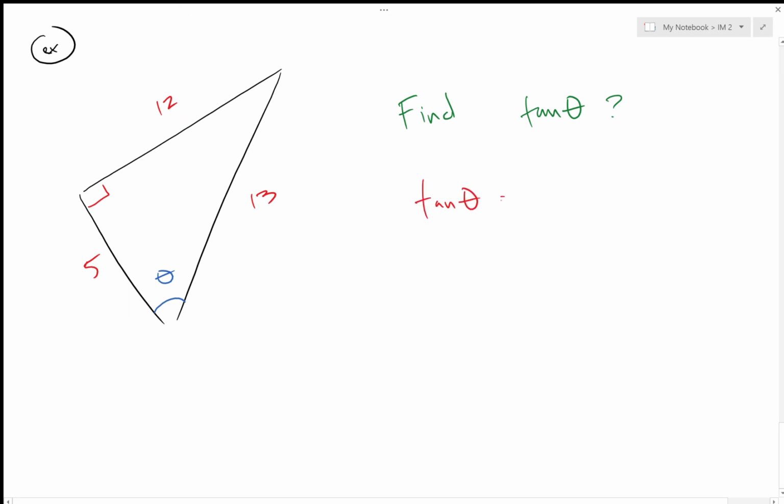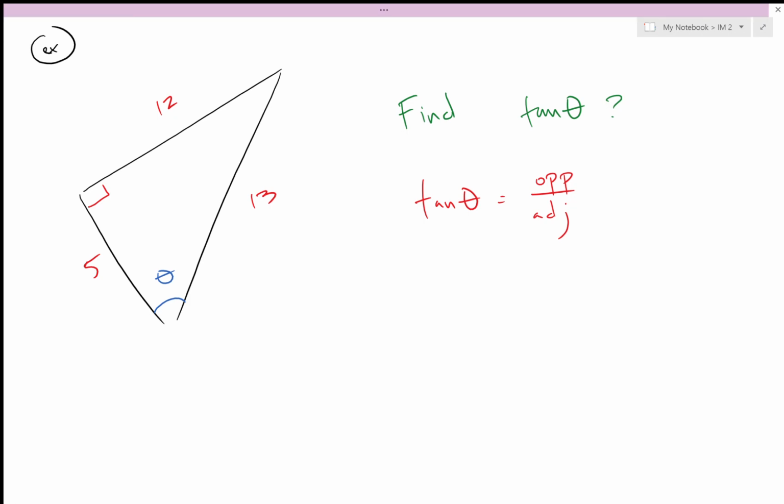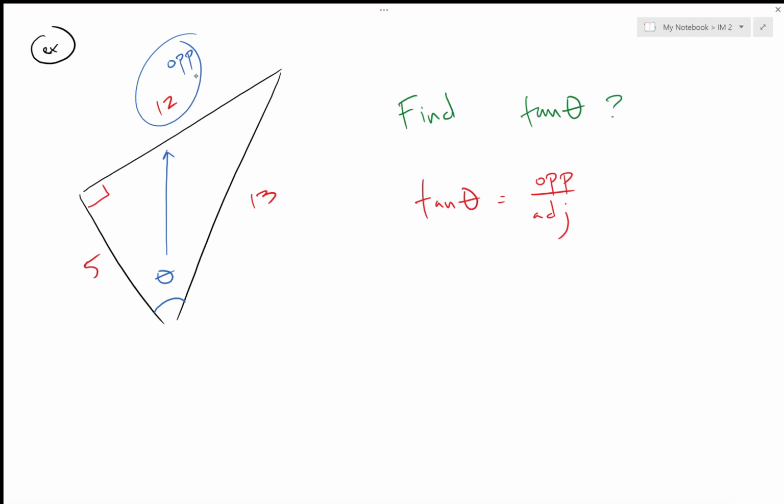So the tangent of theta, so TOA, opposite over adjacent. So we need the opposite and the adjacent. So the opposite is always across from the theta. Opposite is across from the theta, so that's going to be the 12. And the adjacent is the side touching theta. But we got to be careful this time because there are 2 sides. The 13 is actually the hypotenuse because that's across from the 90, so that's not the adjacent.